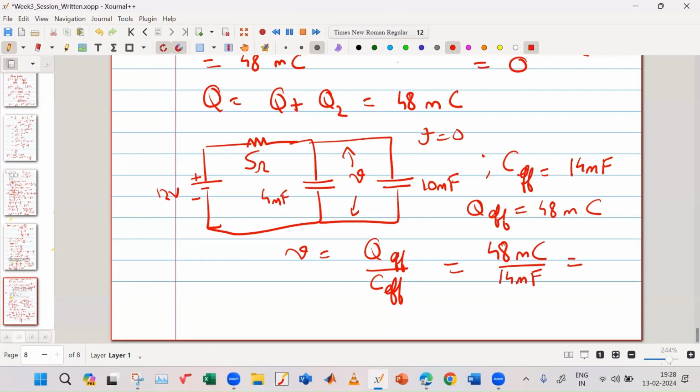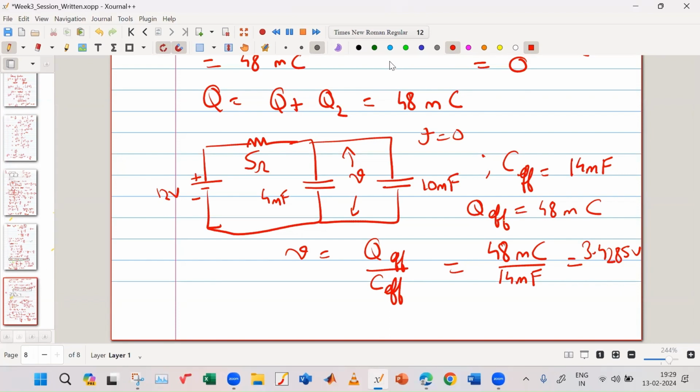And what is that value? That will be 3.4285 volt.